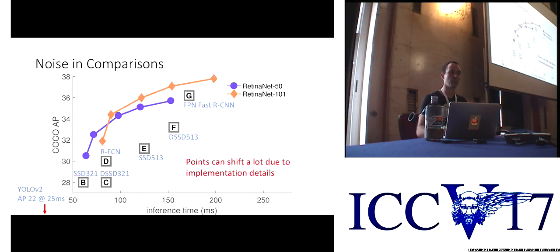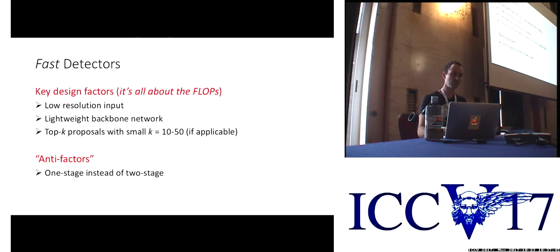So for example, if you were to take this point G and then make some improvements to, say, the training schedule, the particular region of interest pooling operation that's being used, maybe optimize the non-maximum suppression threshold a bit, train it with end-to-end training, then that could shift this point up here, and not just can, but does. So the point is that in any plot like this, there's a lot of noise in these comparisons, and you should always take these with a grain of salt.